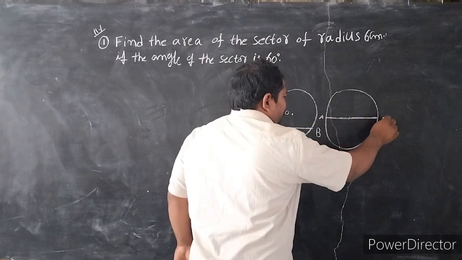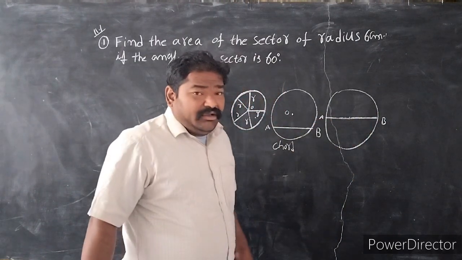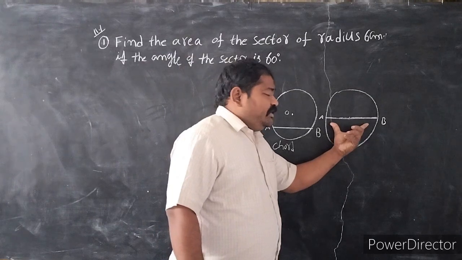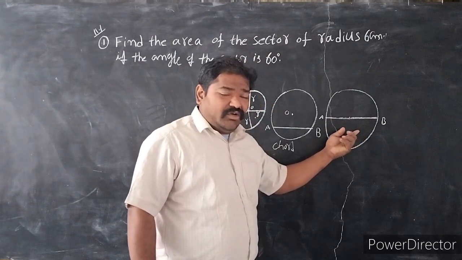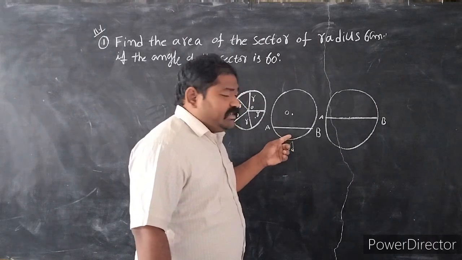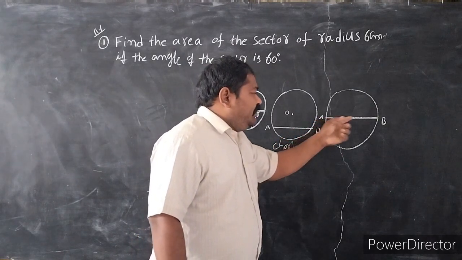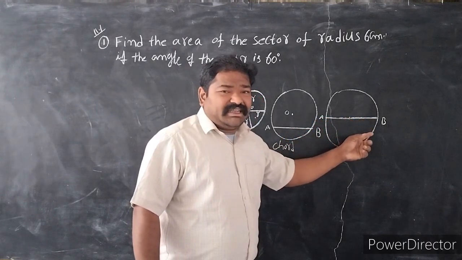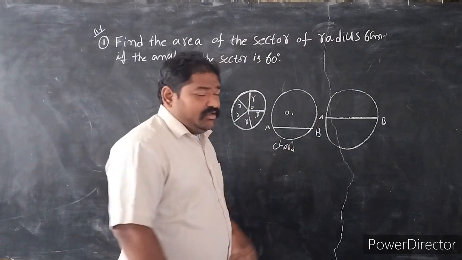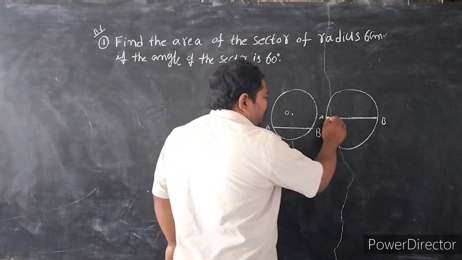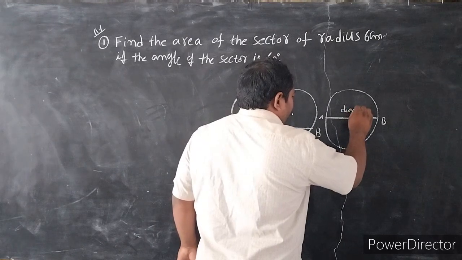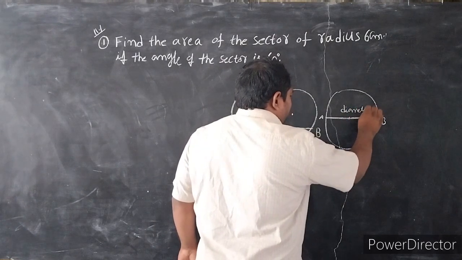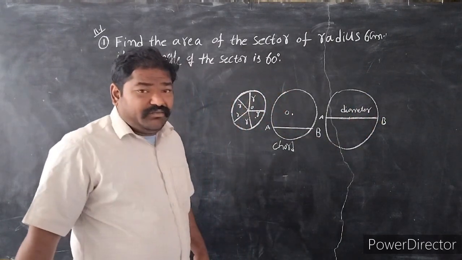This is A, this is B. The line segment AB joins two points on the circle, A and B. This is also called a chord, according to the definition. The biggest chord of the circle is called the diameter, and it passes through the center of the circle.